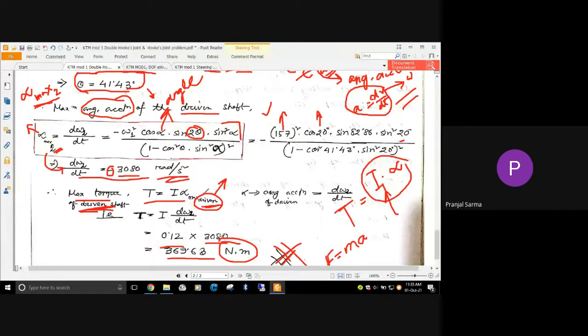If you take the maximum angular acceleration of the driving shaft for the driven shaft's torque, it will not be proper. If we talk about the driving, we go for the driving; if we talk about the torque for the driven, we go for the driven one. Understood?